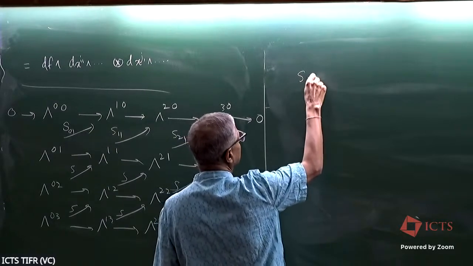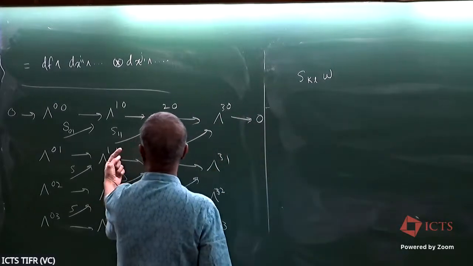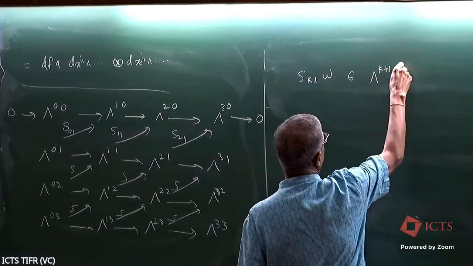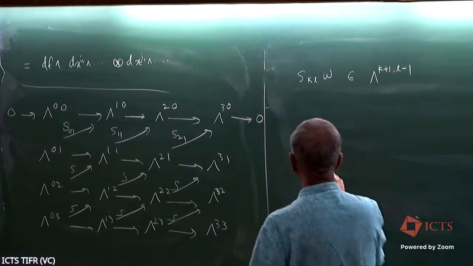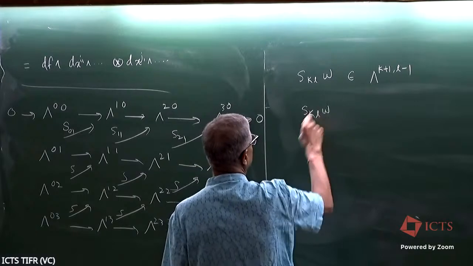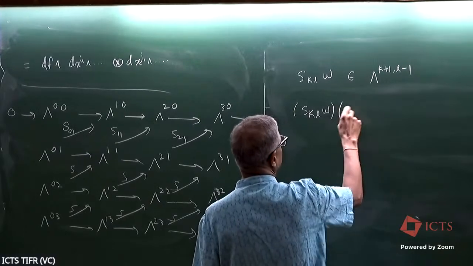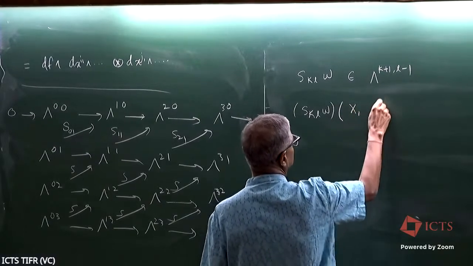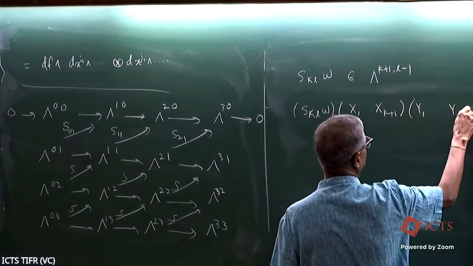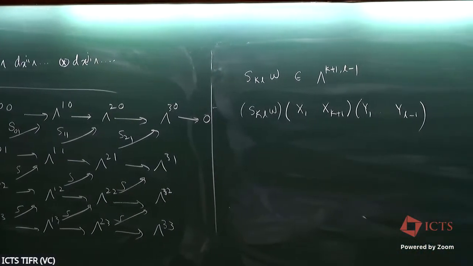S_KL of some omega gives you a K plus 1, L minus 1 form. So here's the definition. Since it's a K plus 1, L minus 1 form, we should give it K plus 1, L minus 1. Let me, if that's okay, just finish the story with this.